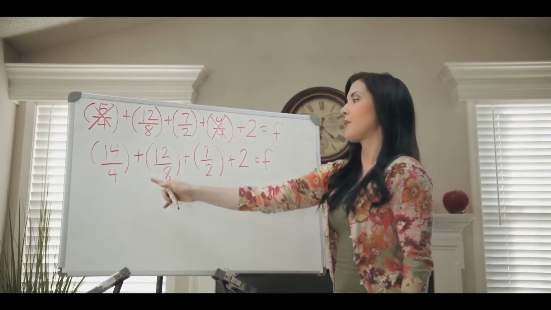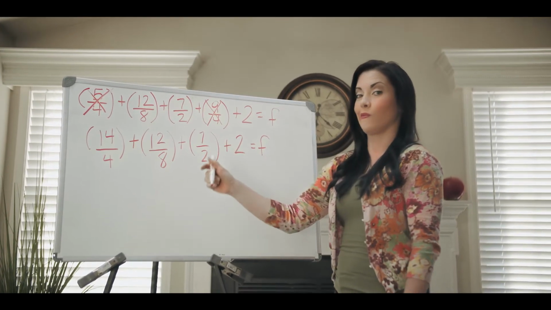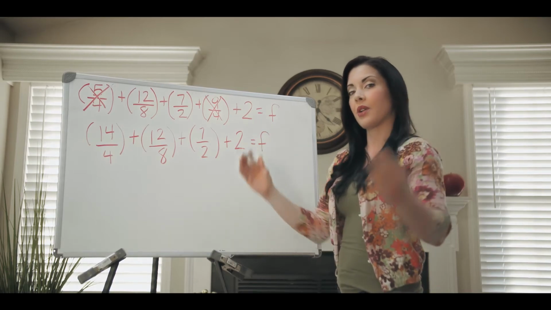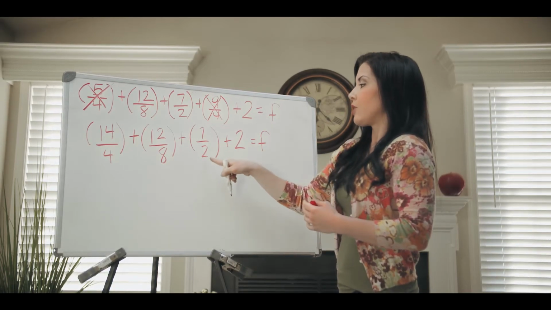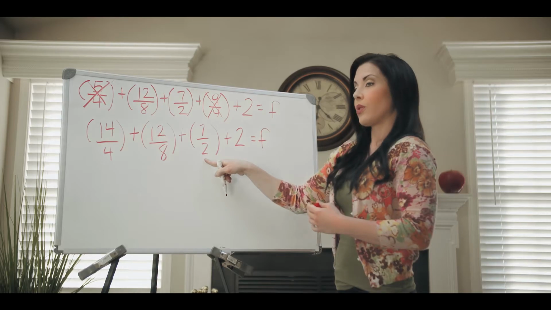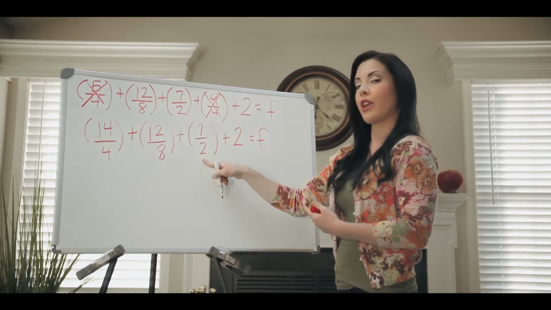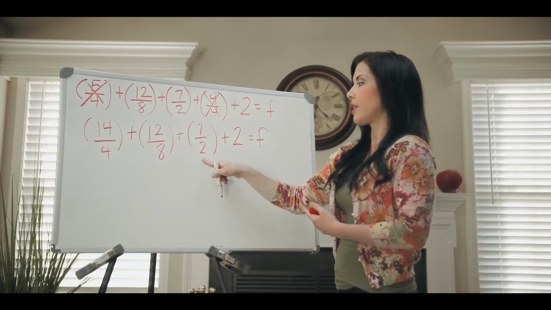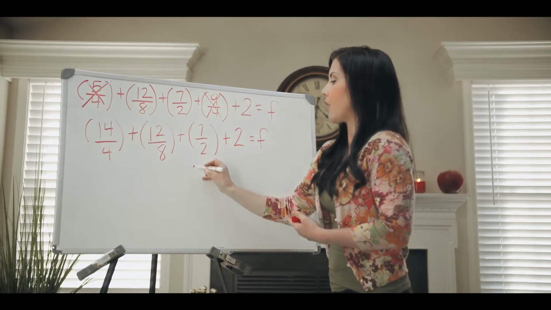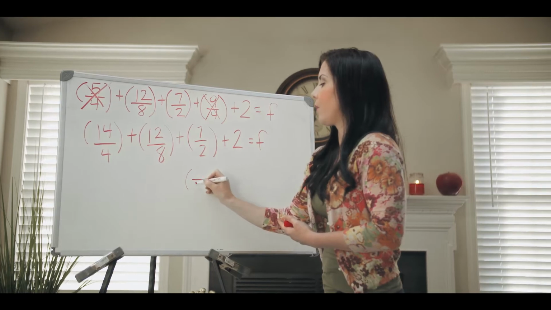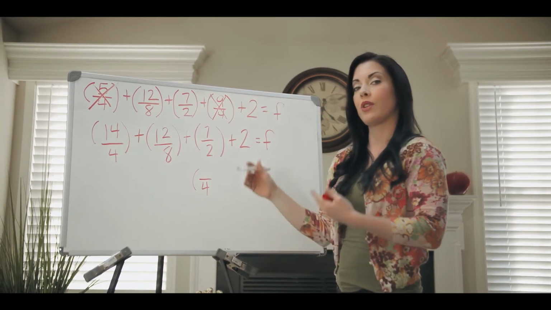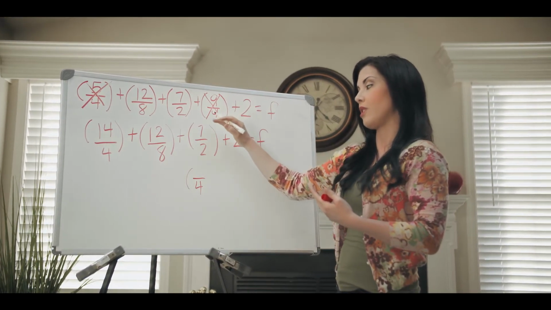Okay, so now I can combine more like terms. I've got a 4, an 8, and a 2. All right, so let's kind of work this together. I can make 2 have a common denominator of 4, right? If I multiply 2 times 2, that gives me 4. Okay, so remember, whatever I do to the bottom, I also have to do to the top.